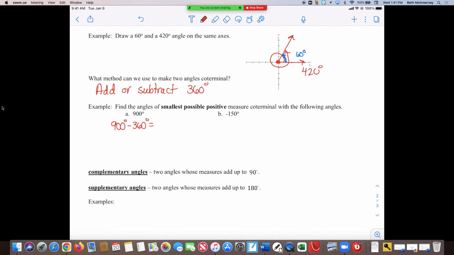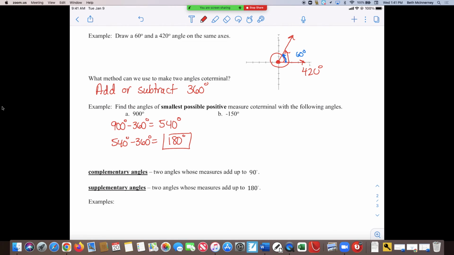So that gives me 540. Is there one that's positive and still smaller than this? Yes, because I could take 540 and subtract 360. So 180 is this, because if I now subtract 360 again, I'm now negative, okay?